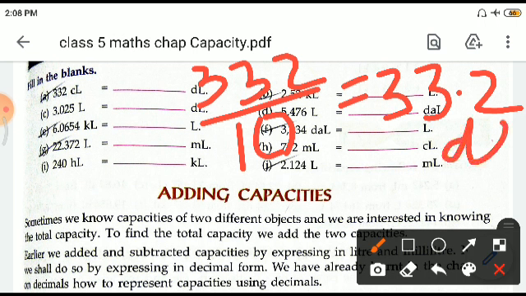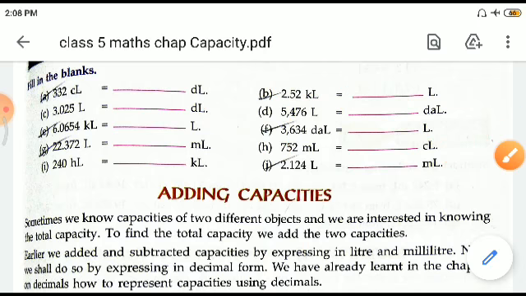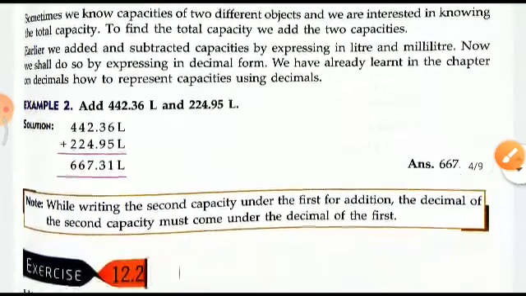Obviously deciliter. So this needs to be filled in the blank, and the moment these conversions are well clear to you, things become very easy in this chapter. Now adding capacity, we have already done.